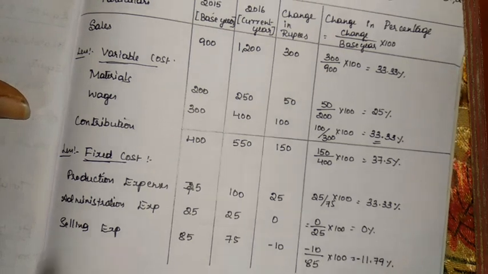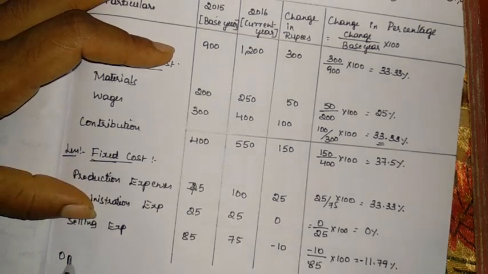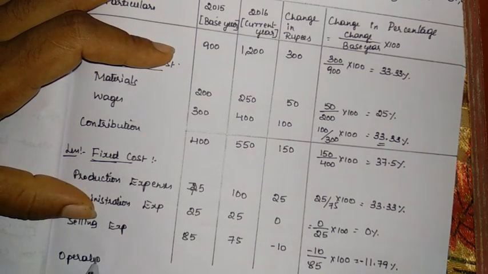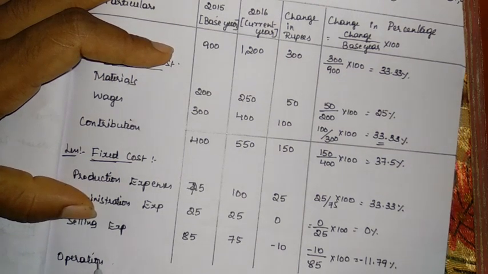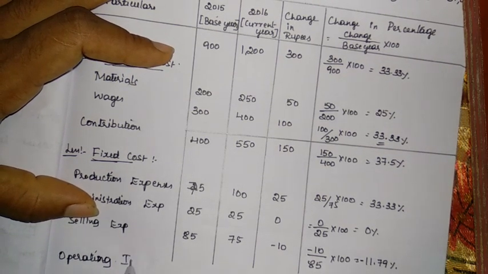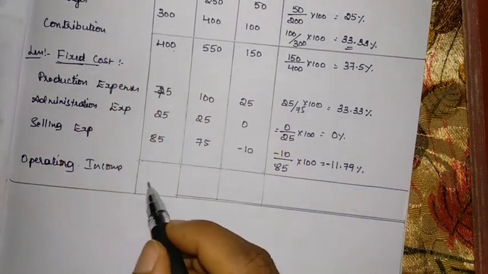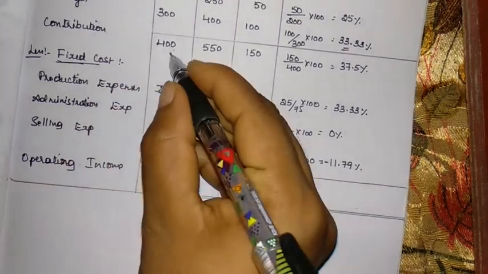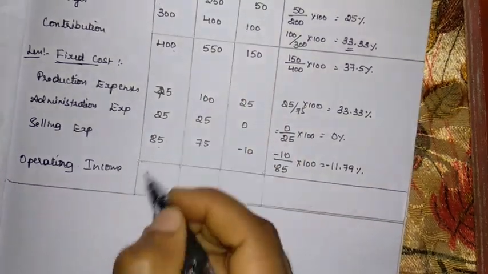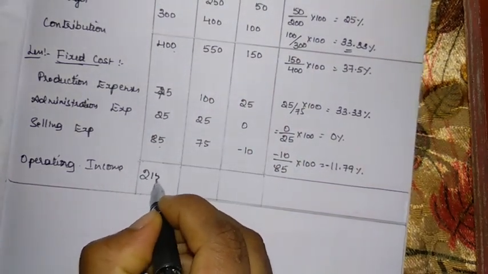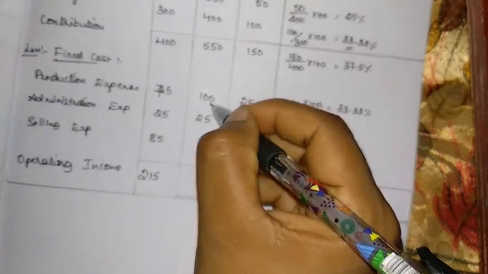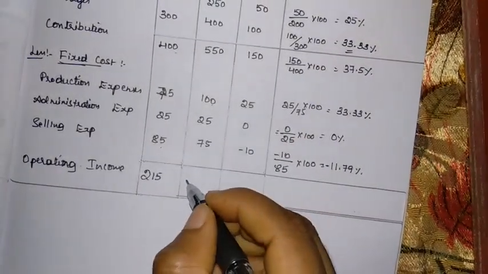So we will get operating income, or operating profit. Contribution minus fixed cost: 400 minus 75, 25 and 85 gives 215. 550 minus 100, 25 and 75 gives 350.